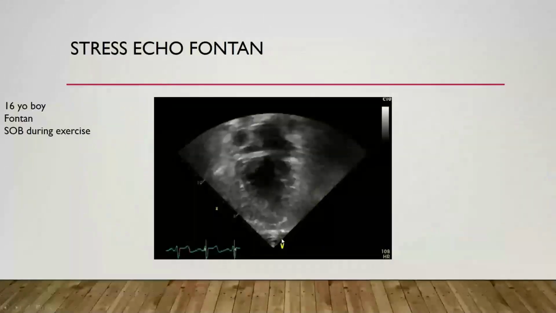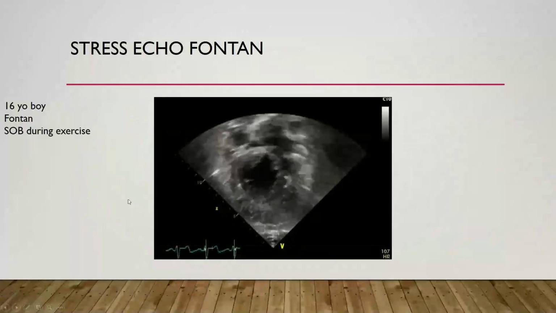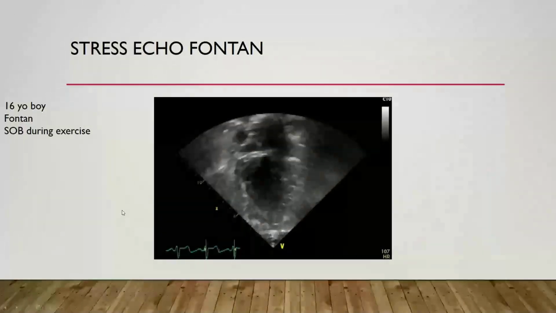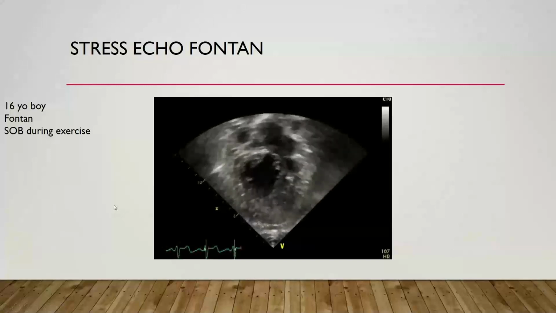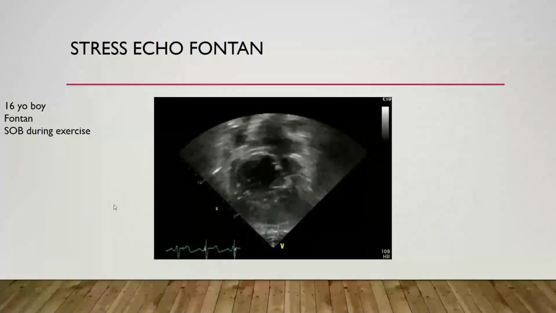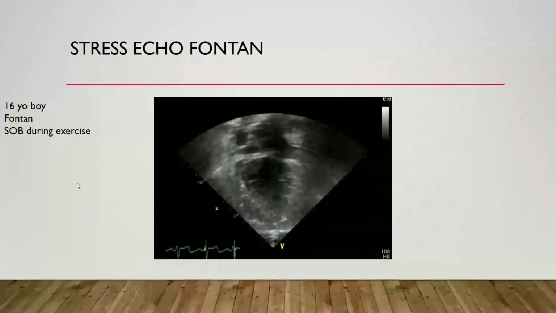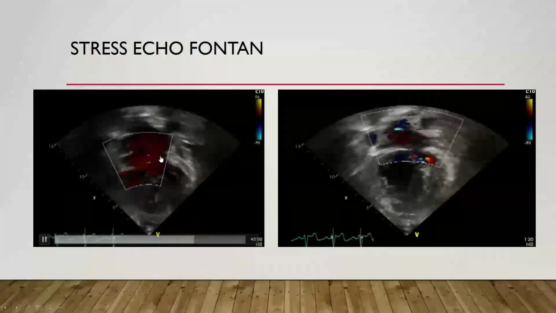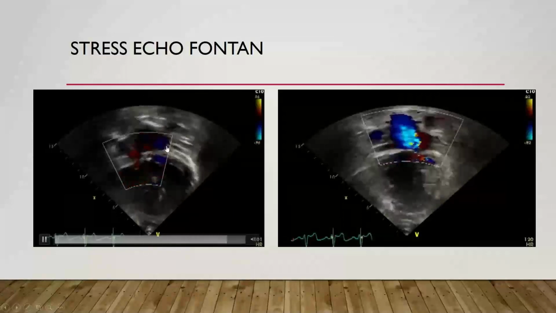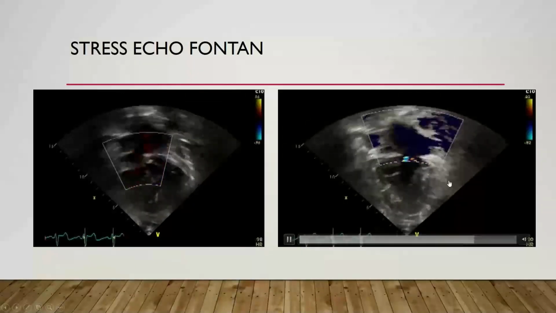This is an example. This is a 16-year-old boy with Fontan. He complains about shortness of breath during exercise. Ventricular function looks very good, but during exercise we notice that the AV valve, where there is a mild regurgitation, during exercise regurgitation becomes severe.